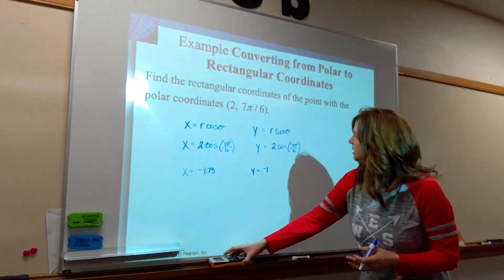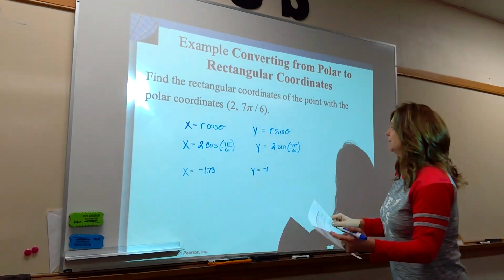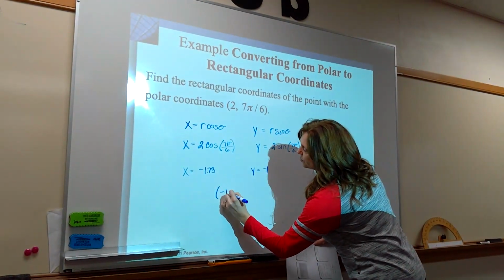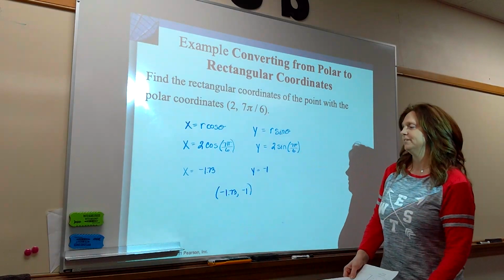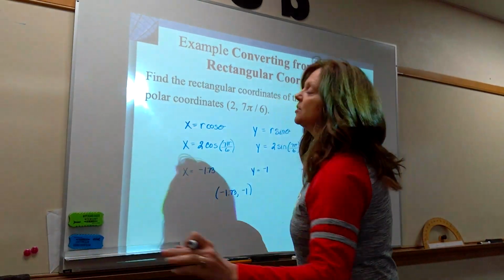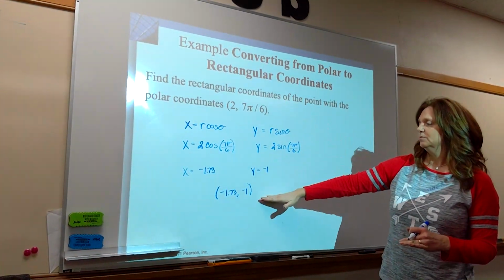Hopefully that is correct. So that gives you your x and your y coordinate. Yeah, that's what I have. So x is negative 1.73, y is negative 1. So that's how you convert from polar to rectangular.